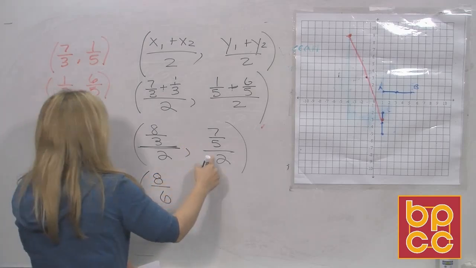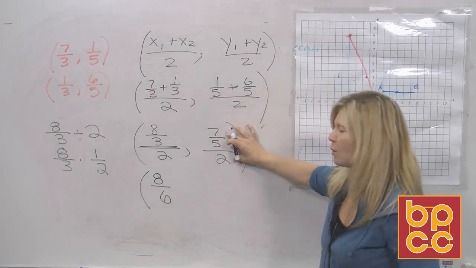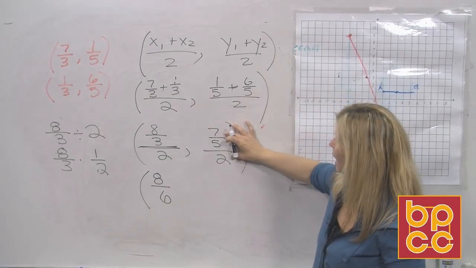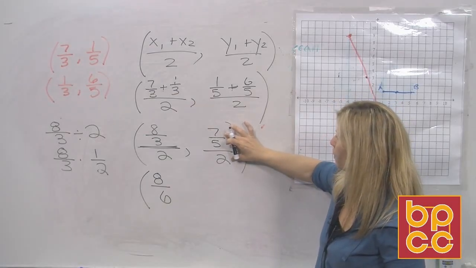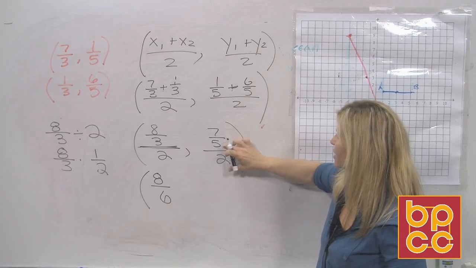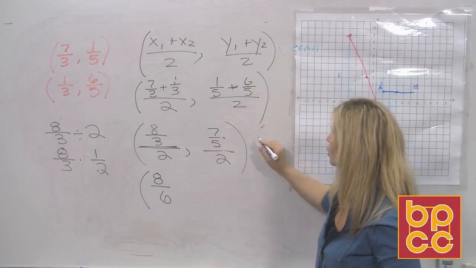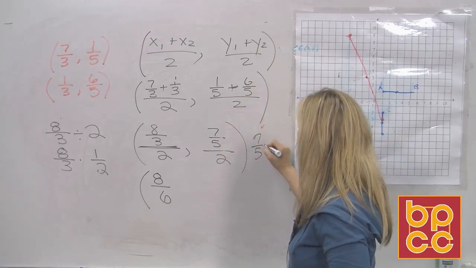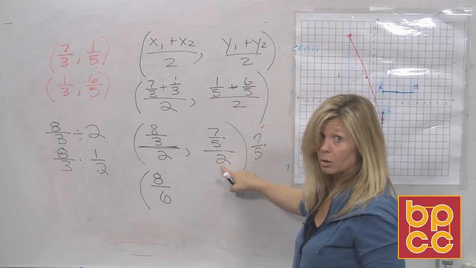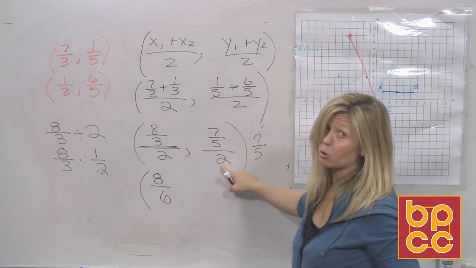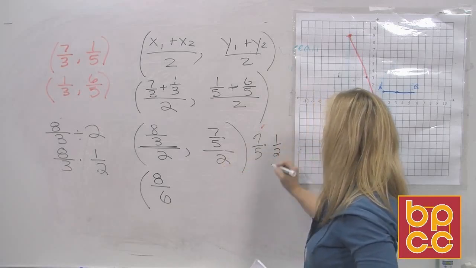The same thing here. You cannot leave this. If you had a good fraction algebra teacher, this was called a complex fraction. 7/5 divided by 2 means 7/5 times the reciprocal, or if you want to be fancy, the multiplicative inverse, which is 1/2.